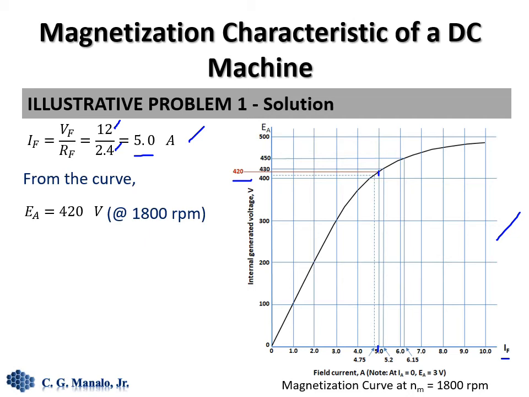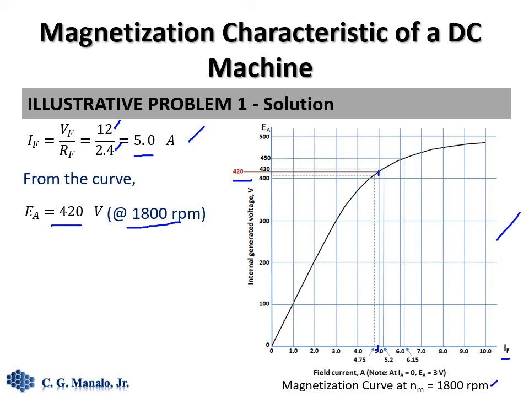Now, take note that this is the internally generated voltage at 1800 RPM, as provided by the magnetization curve, but our actual RPM, as dictated by our prime mover, is 1600 RPM.